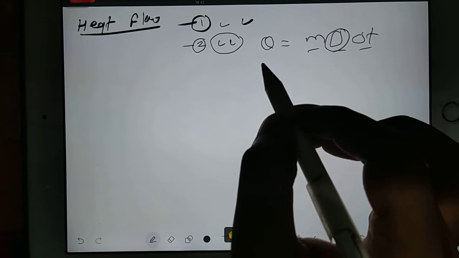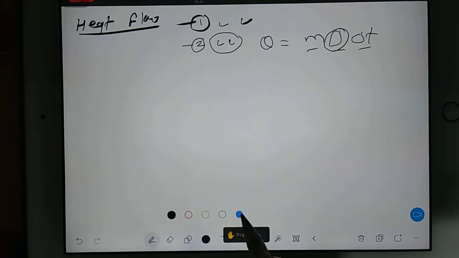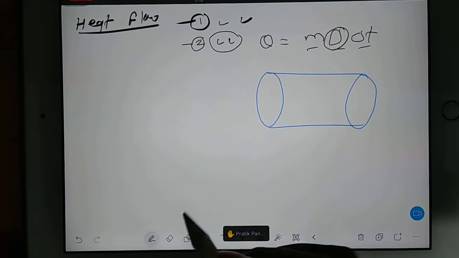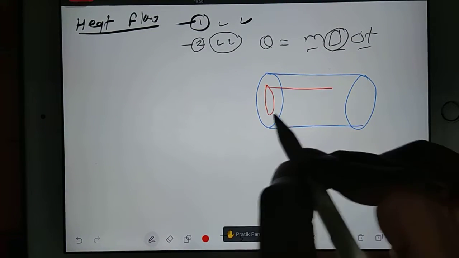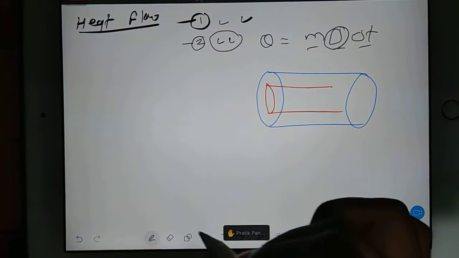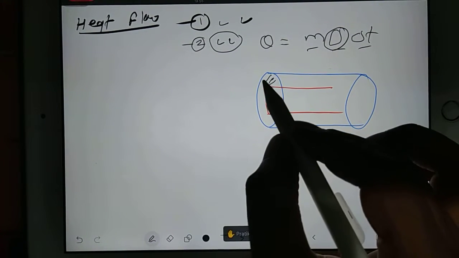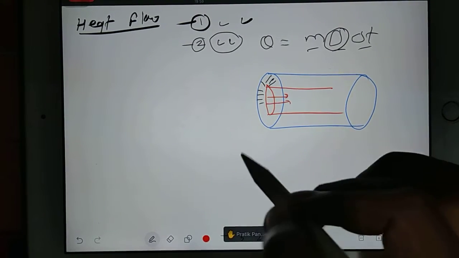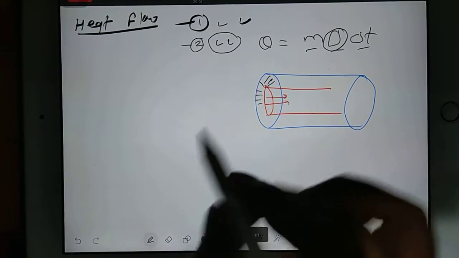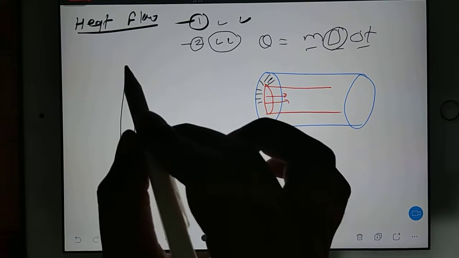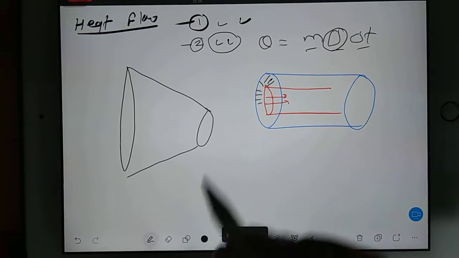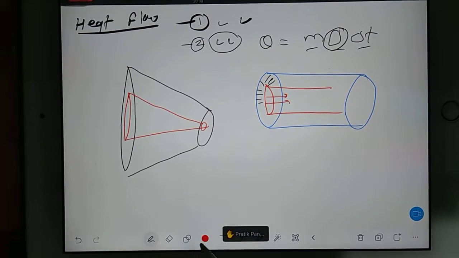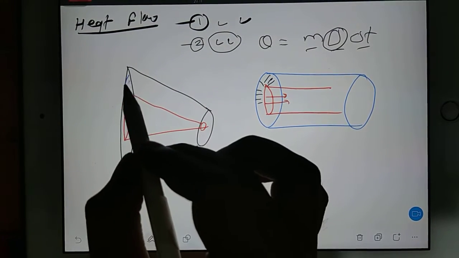Whenever heat is flowing through an area, suppose you have a pipe, and in this pipe you have an inner and outer surface. Only in this much thickness material is present, and the red portion is the hollow portion. Something can flow inside that. Suppose we have our subsonic nozzle. In this nozzle you see this much thickness.